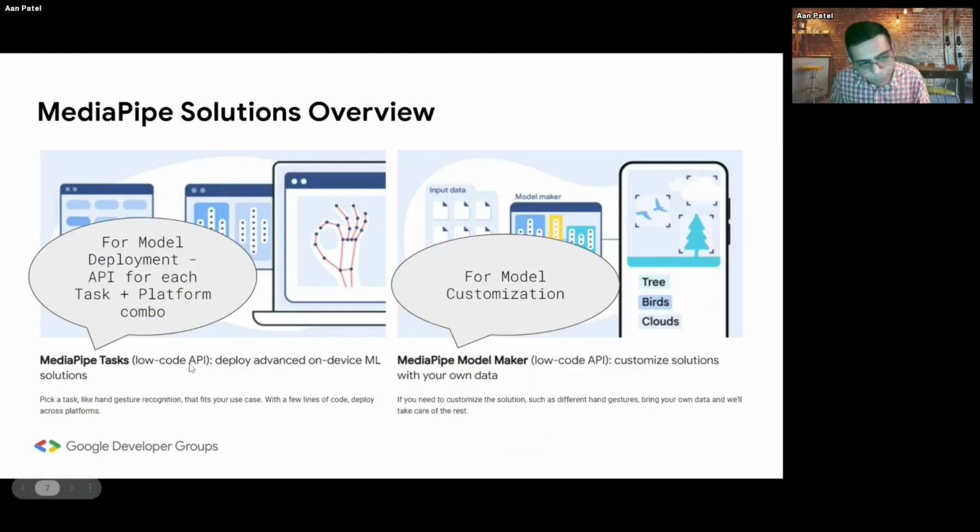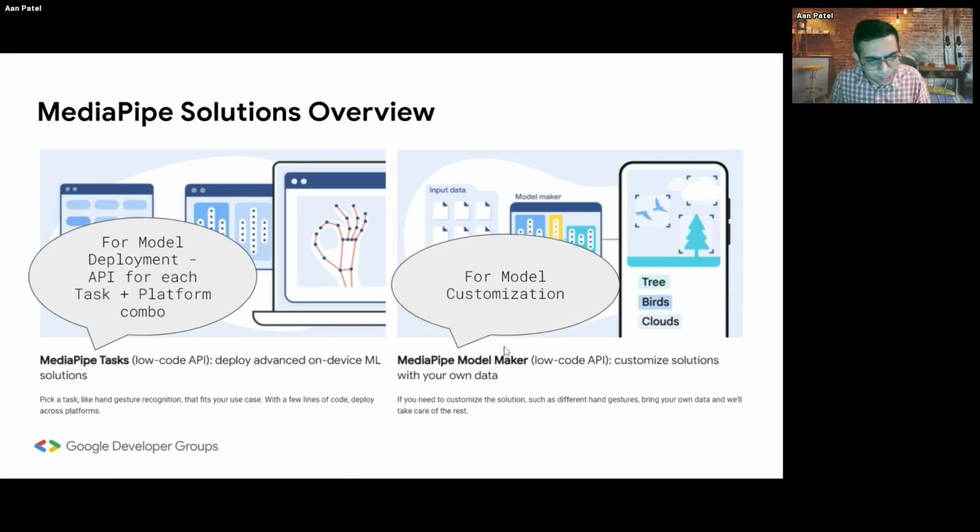So the deploy part is taken care of by MediaPipe Tasks, and the customization part is taken care of by MediaPipe Model Maker libraries. And it's actually probably just one library for Python. But yeah, it lets you customize a solution that they already have by feeding your own data to it to fine tune it and make it better for your particular task.